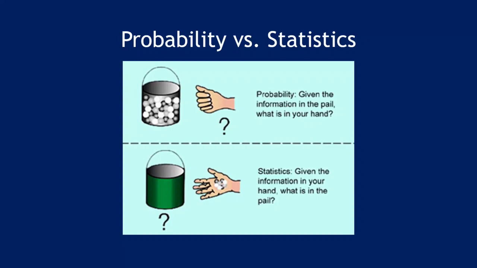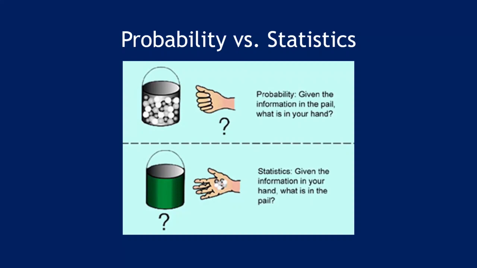We may never know for sure, but we can estimate it. We can estimate how confident we can be. We can estimate maybe a range, right? But we'll never know precisely what's in the bucket. But we can try to use what's in the hand, which is our empirical statistics.